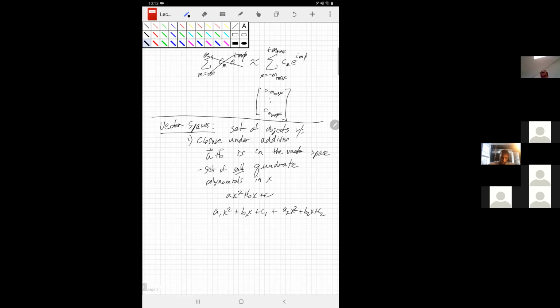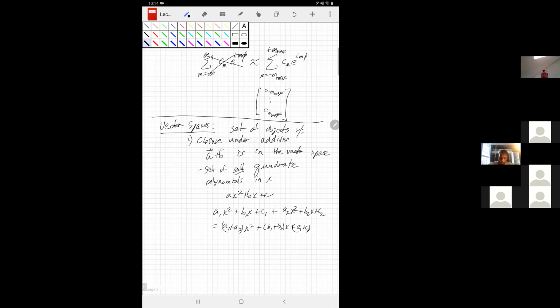Well, that's clearly just another quadratic polynomial. That's equal to (a1 plus a2) x squared plus (b1 plus b2) x plus (c1 plus c2). There, we have another quadratic polynomial. It's in that set. Why am I harping on this?